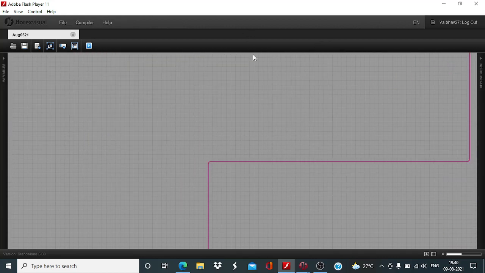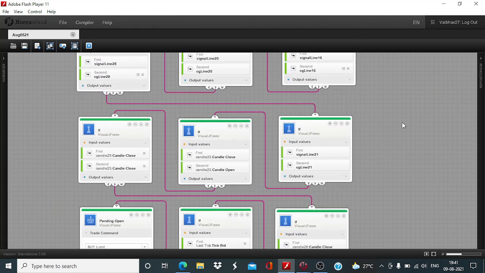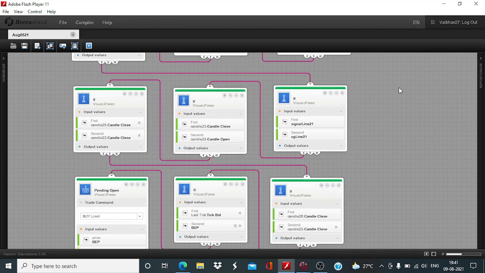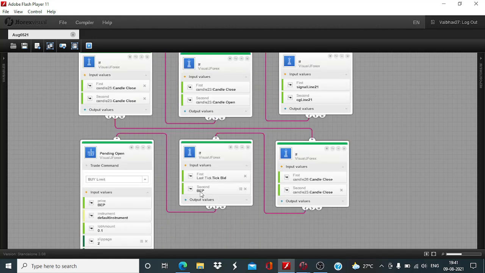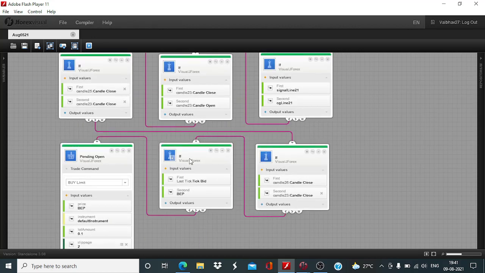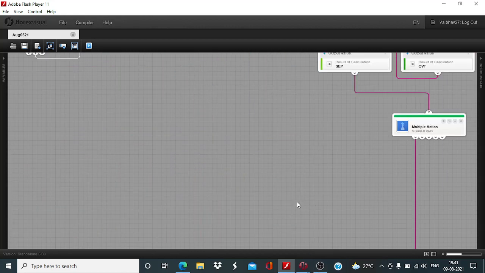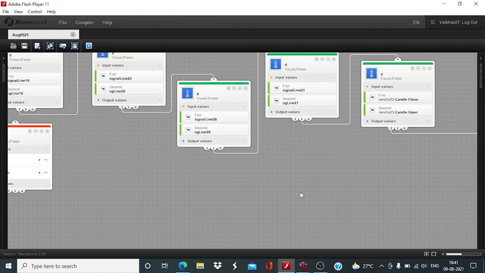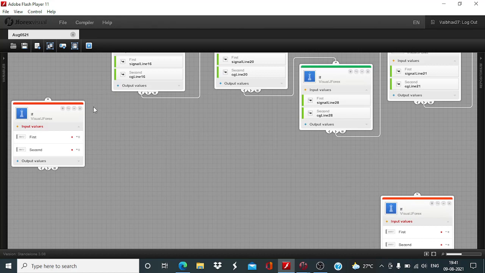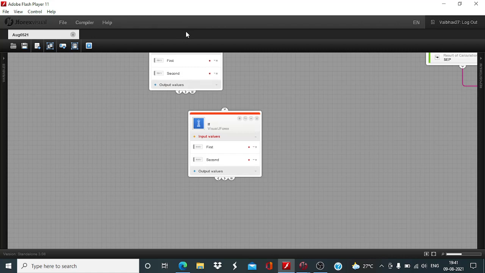I think I have missed out on one more condition. Yes, we will also have to make sure that the last tick price is less than the selling price, because we will be placing the limit order, otherwise the system might malfunction. So to avoid that kind of scenario, that additional condition will need to be put in, and with that we will have the algorithm ready.